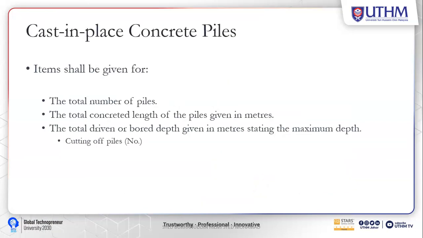Alright class, next we go for the type of pile, cast in place concrete pile.